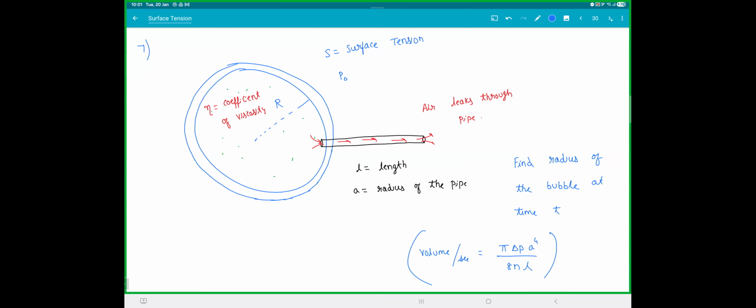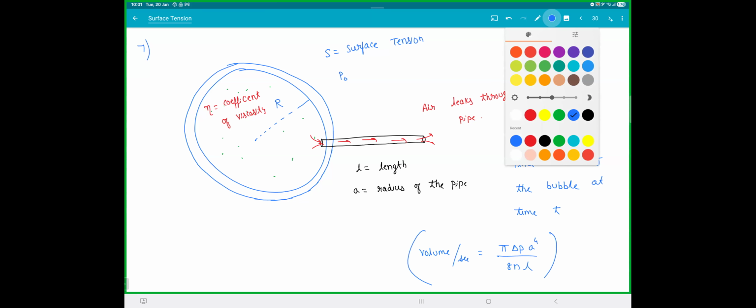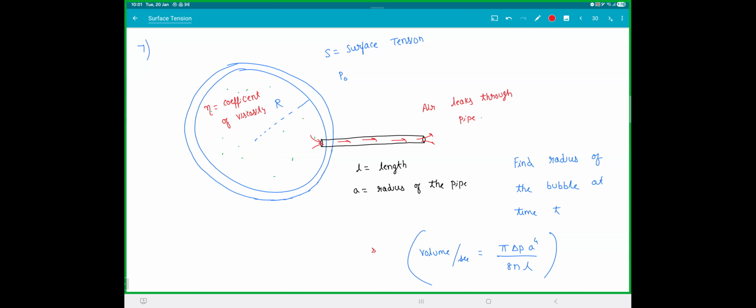So find the radius of the bubble as a function of time. Right. Get the equations. Let's see.